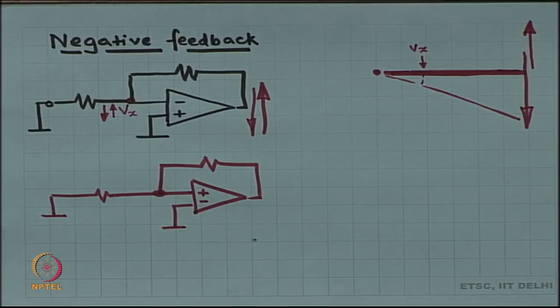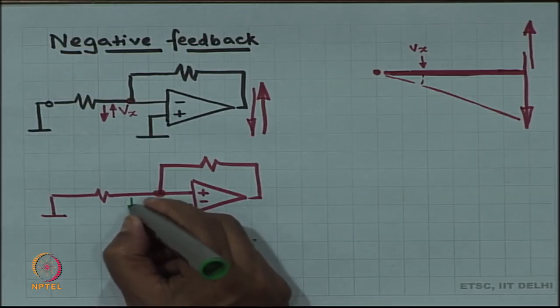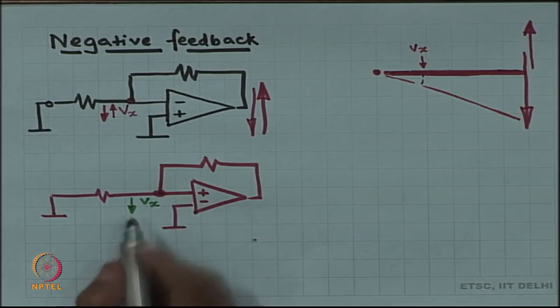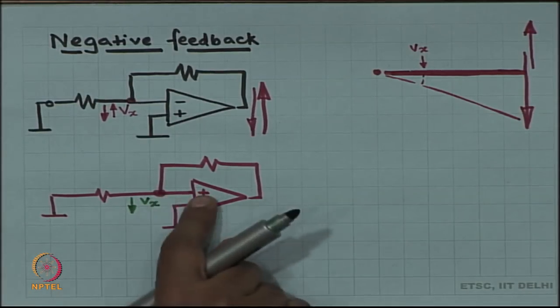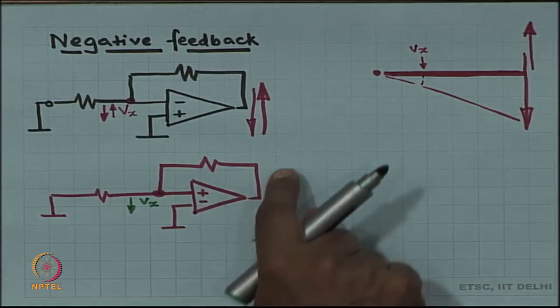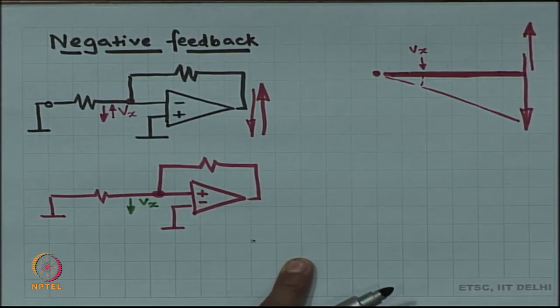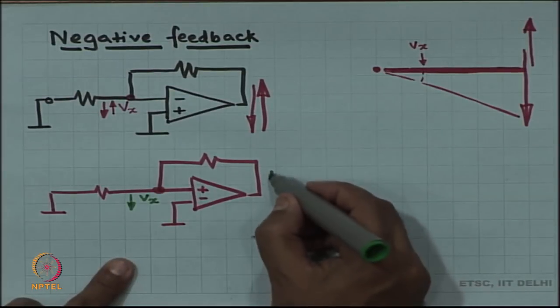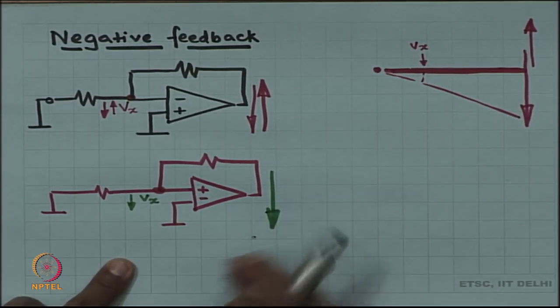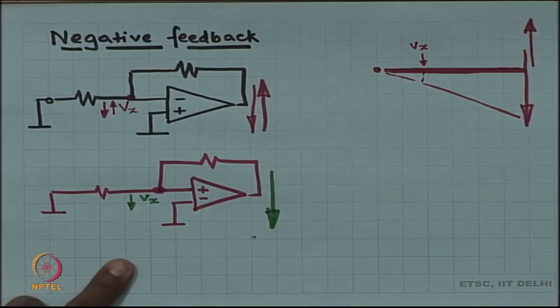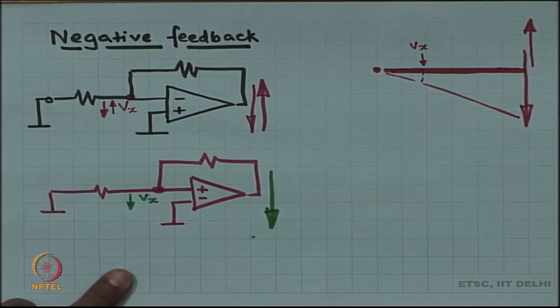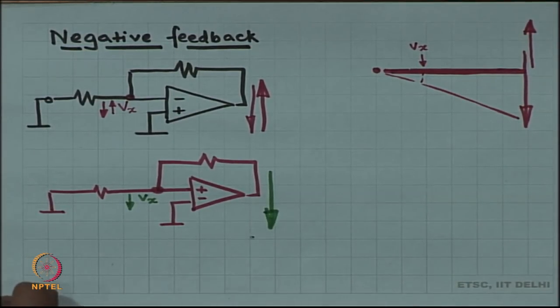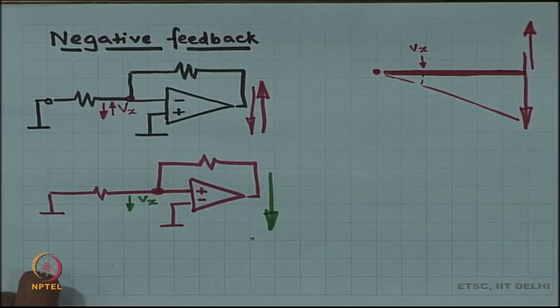If Vx was slightly lower than required, now it is connected to the positive terminal, so the output is going to go drastically low, and it is going to pull Vx down even further. Vx was a little low, the output is going to go drastically down and then it is going to pull Vx down all the way.